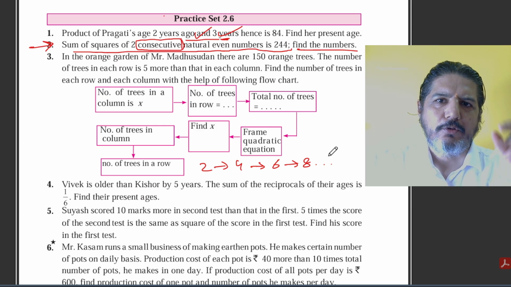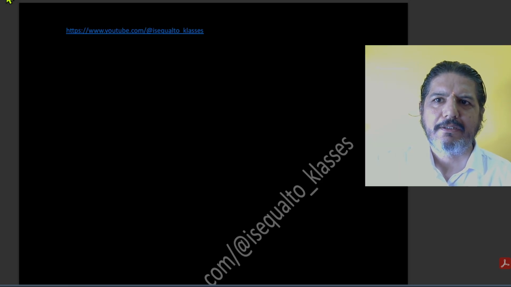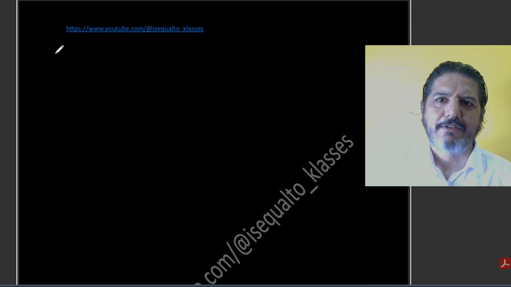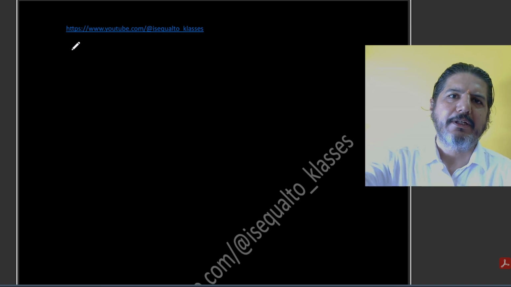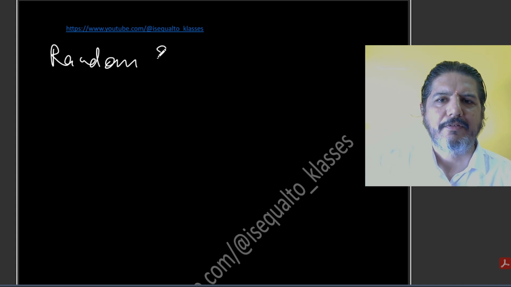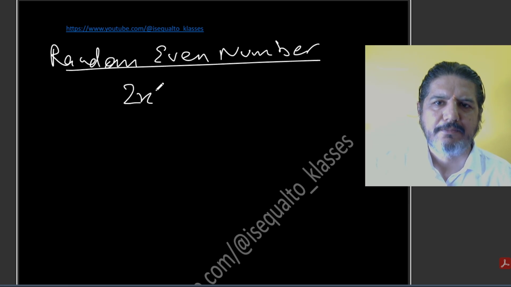Sum of squares of two consecutive natural even numbers is 244. Find the numbers. Now one thing that I want to share, because this will help you in a lot of other situations also, is whenever they are asking you about any random even number, always assume the number to be 2x.